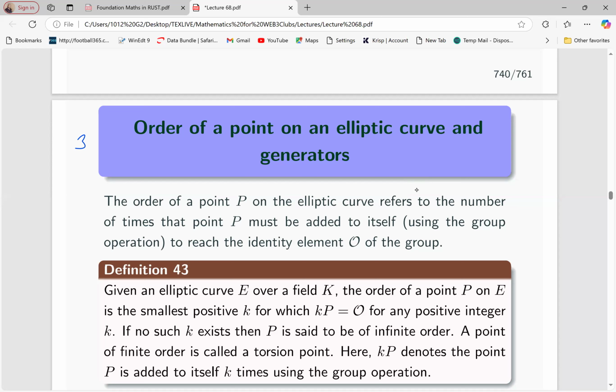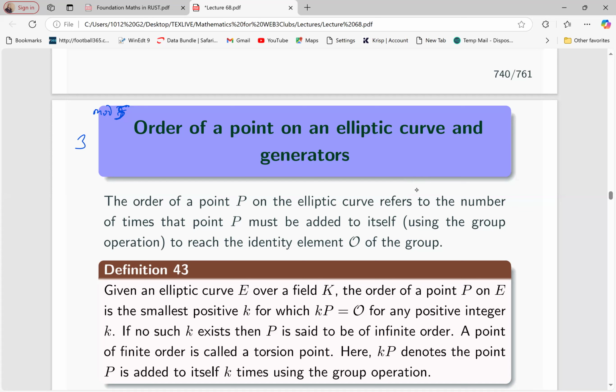Let me say, for instance, I'm talking about a group mod 7. Mod 7 is too big. Let me talk of mod 5. This additive group has 5 elements. 3 becomes a generator if 3 generates all the elements of this group.